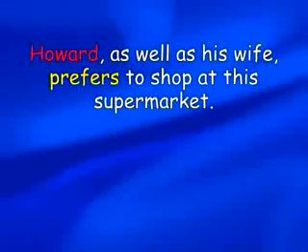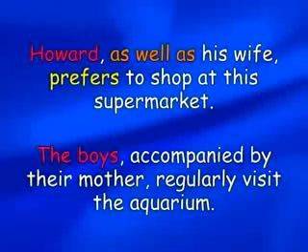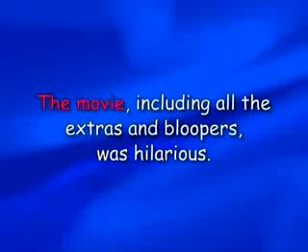If it is plural, it remains plural. Howard, as well as his wife, prefers to shop at this supermarket. The boys, accompanied by their mother, regularly visit the aquarium. The movie, including all the extras and bloopers, was hilarious.